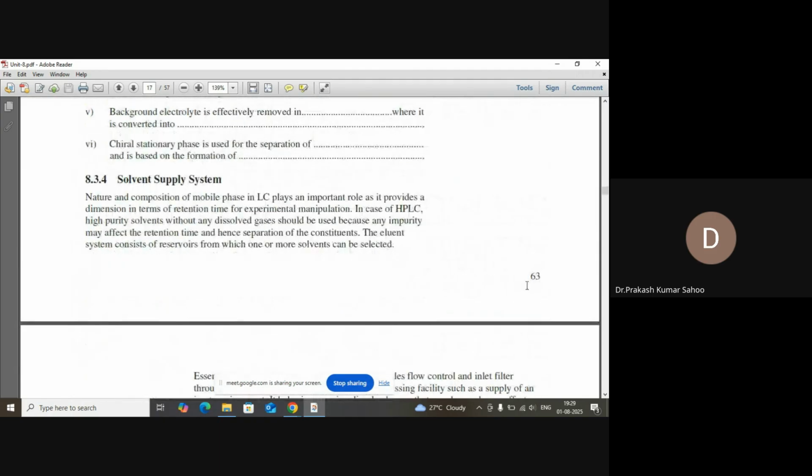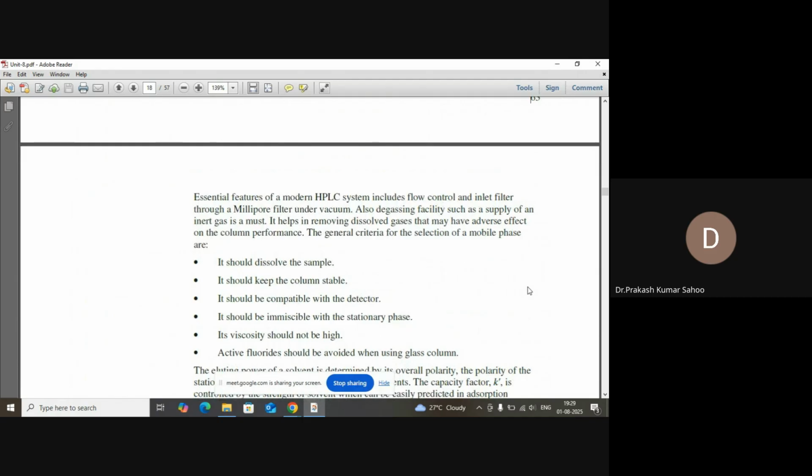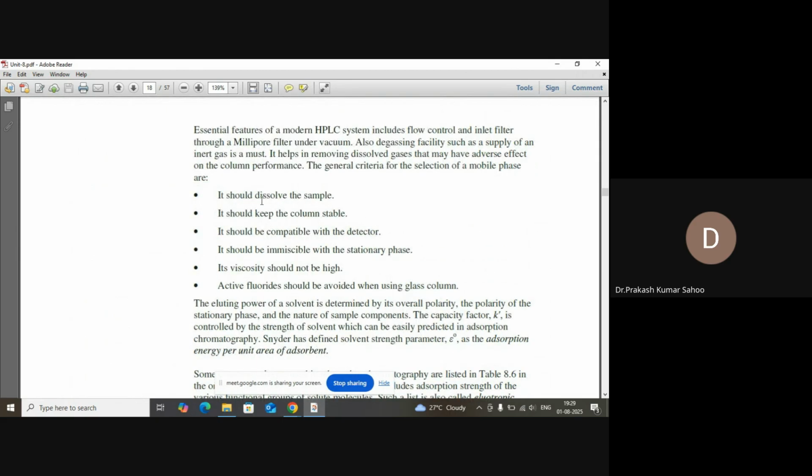Then the things are there, solvent supply system. We have the solvent supply system in terms of a reservoir which is attached to a pump or a regulator, which regulates the pressure of your eluent or the solvent, and it should dissolve the sample, it should keep the column stable, it should be compatible with the detector, it should be immiscible with the stationary phase, viscosity should not be high, active chloride should be avoided when using the glass column.